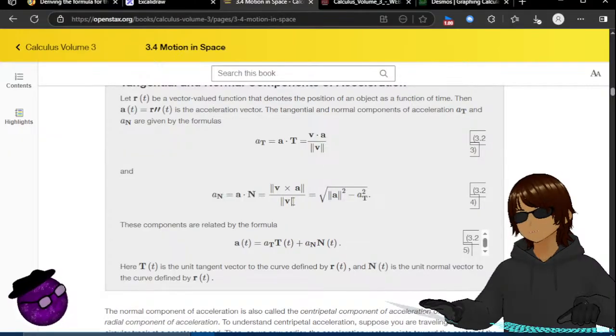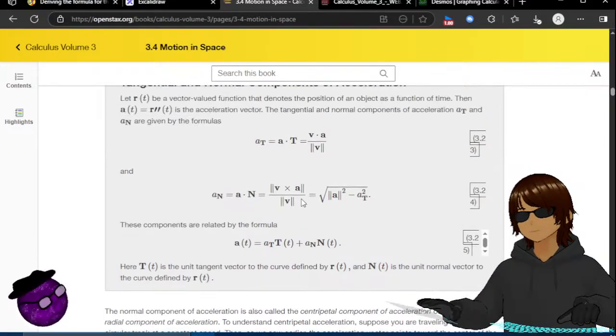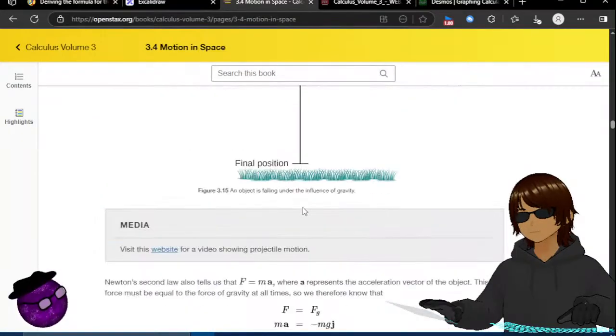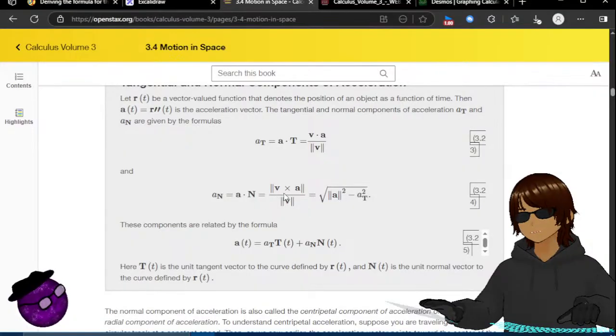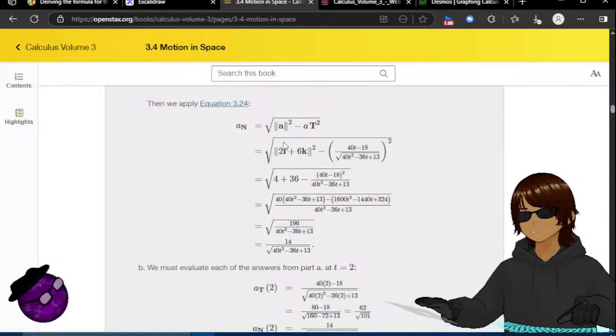Why is it like this though? A dot n, which is v cross product with a divided by the vector v. Okay. I mean, I don't wanna, I'm gonna take a lot of time. I'll just read through this.